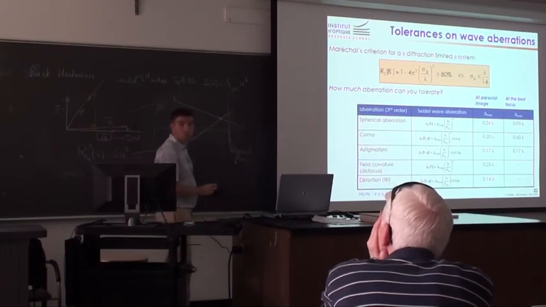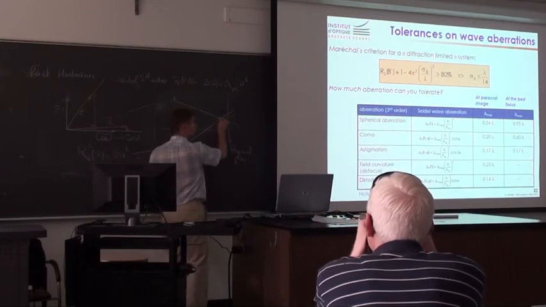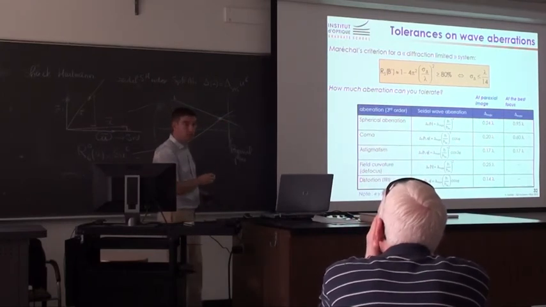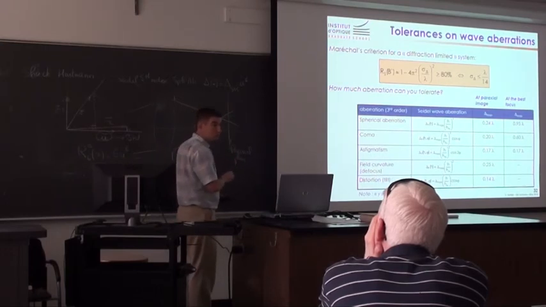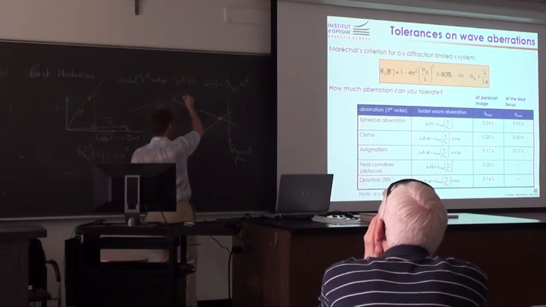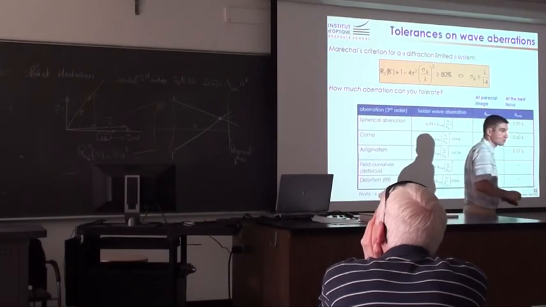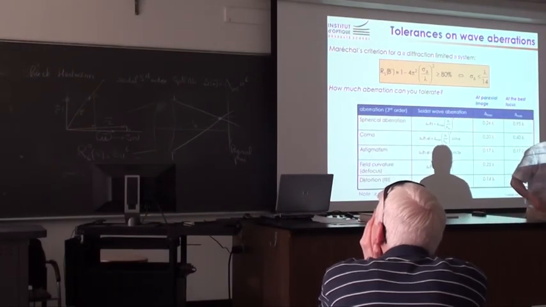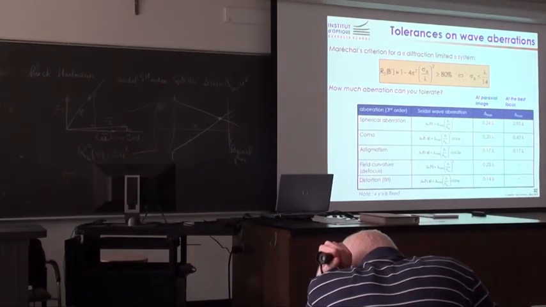So, where should you put your camera in order to maximize the intensity? There. And then what's the tolerance on your field curvature once you're there? Well, there's no tolerance, as much as you want, actually. If you put more field curvature, just move more. The best focus is where it's maximum. You can have as much field curvature as you want, provided you move by the right amount. Same thing for distortion. Okay.